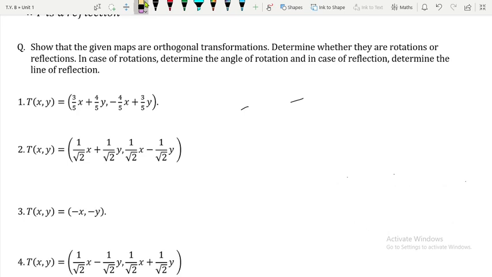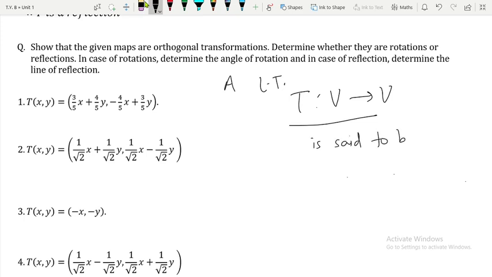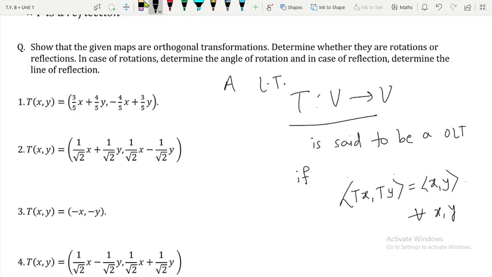A linear transformation T from V to V, note, it should be a linear transformation, is said to be an OLT if the inner product of Tx with Ty is equal to the inner product of x with y for all x, y belonging to V. So we are supposed to go for this condition.